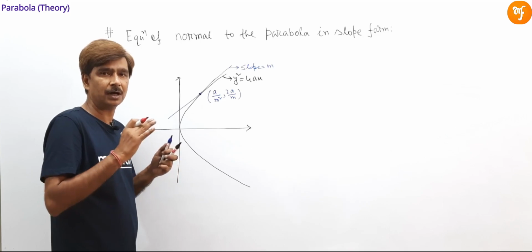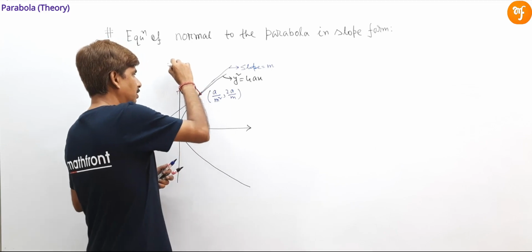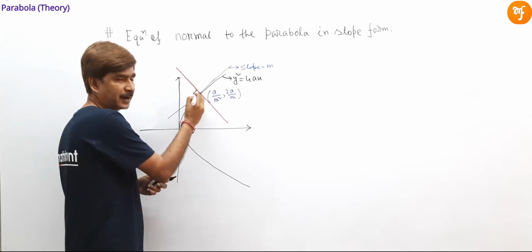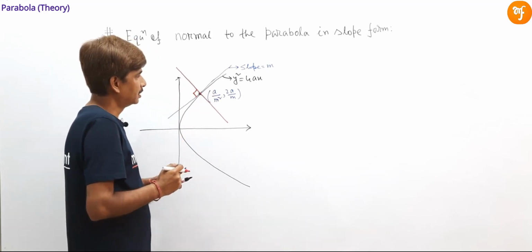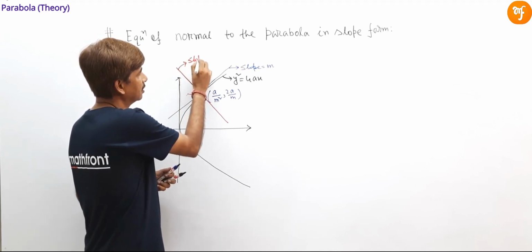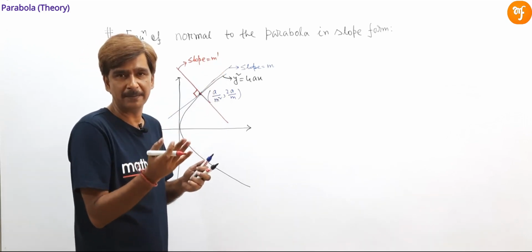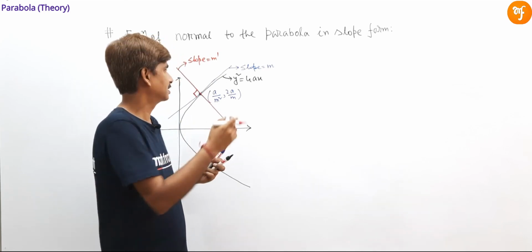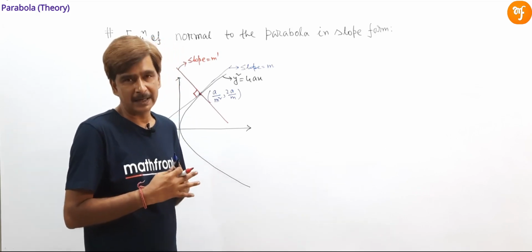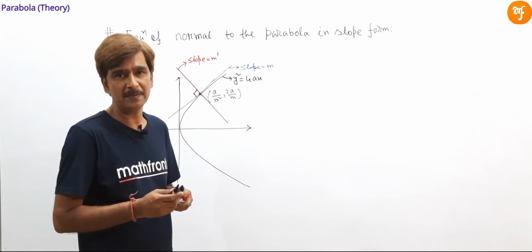Now if we draw a normal at this point of contact, and we know normal is perpendicular to the tangent, so if its slope is m dash, obviously m dash into m will be minus 1, as tangent and normal are perpendicular to each other, and the slope of tangent is m and slope of normal is m dash.